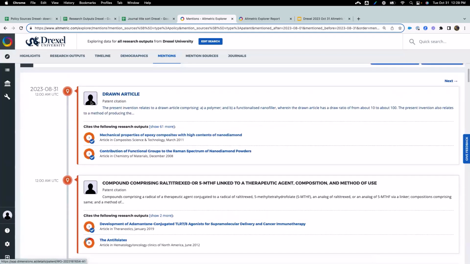So this was in a patent citation from 2023, and it cited an article that was published in the year 2008. So that's quite interesting.